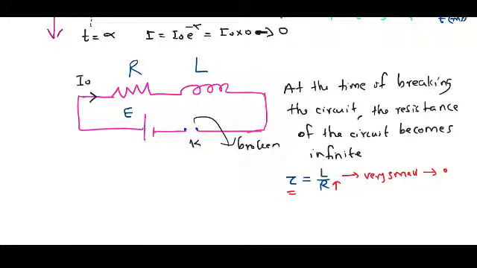There's a rapid decay of the current. Relaxation time is very small means immediately the current goes to 0. Thus, this rapid decay of current results in a large induced EMF across the inductor.